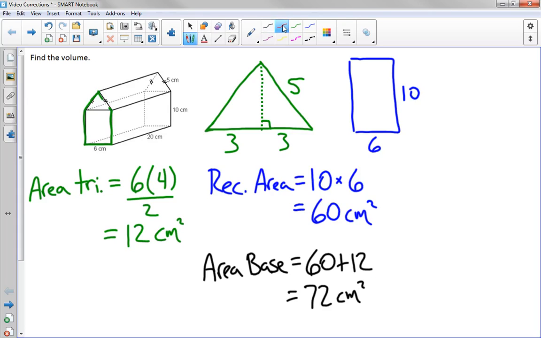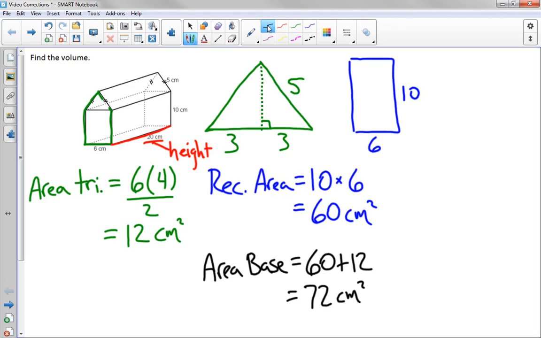So since the base of this prism is at the front end, that house shape, the height is along this other edge, and the height is 20. So here is my height. And now I'm basically done.